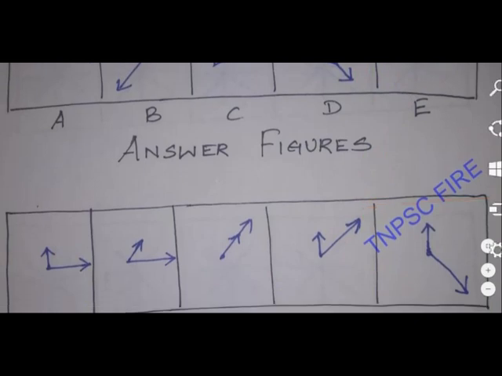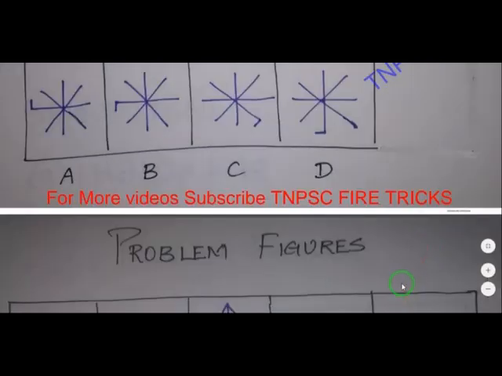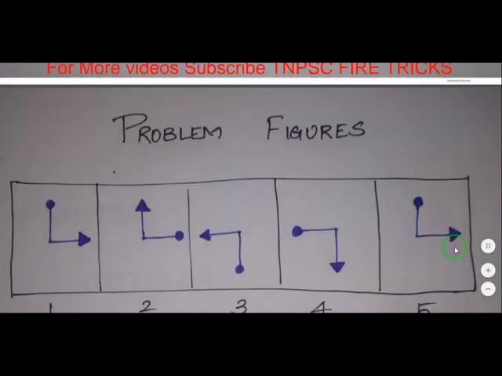Next. Okay, 2, 3, 2, 3. So answer figure will come 2. So here where is the 2? 3 figure is no. Here the 2 comes in the up. Okay, small figure also. Here is the answer.